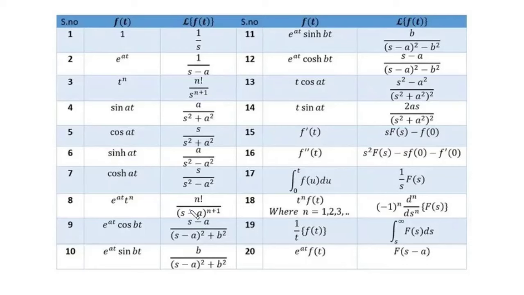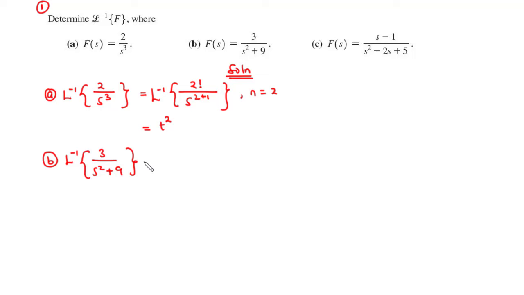Now we come back to the question, and then we have a 3 here, and then we have 9 here. We can simply represent 9 as 3 squared. So we can have the inverse Laplace transform of the function 3 divided by s squared plus 3 squared.